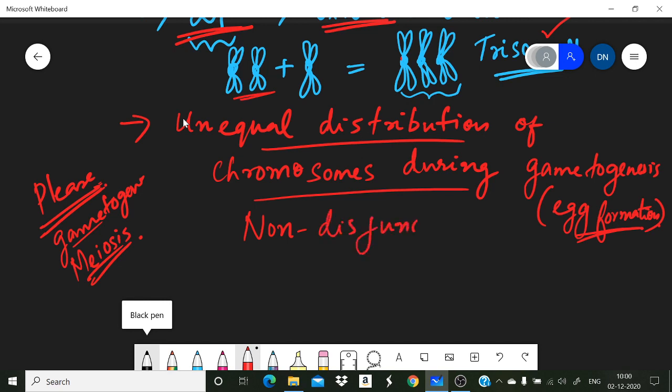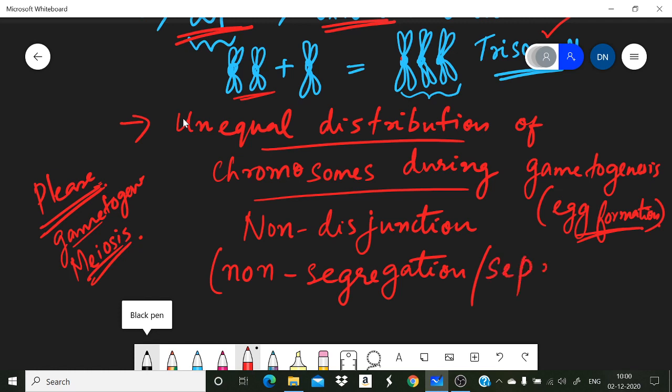That is, the chromosomes are not separating, or there is no reduction division. This non-segregation or separation of chromosomes during gametogenesis is known as non-disjunction.